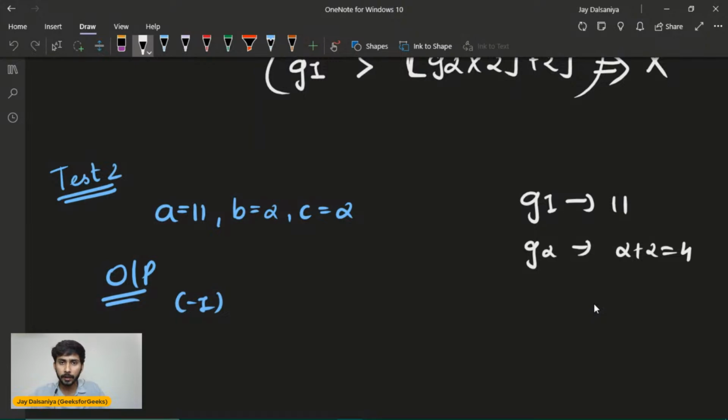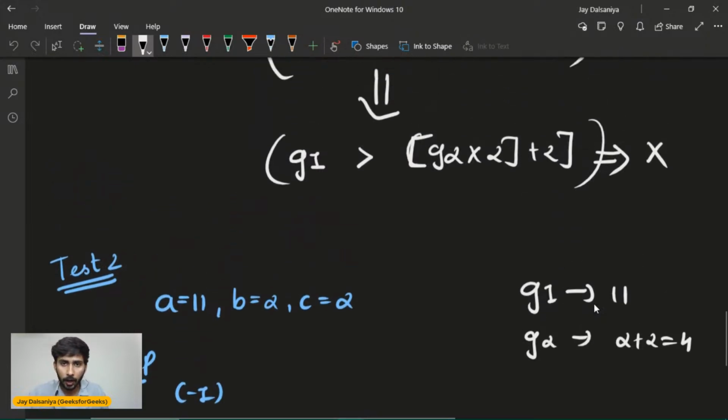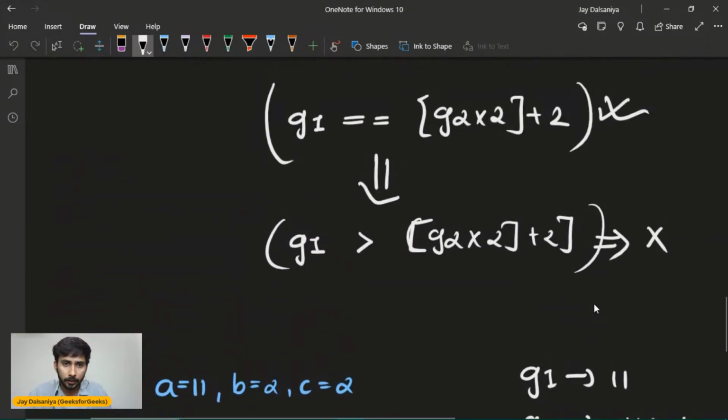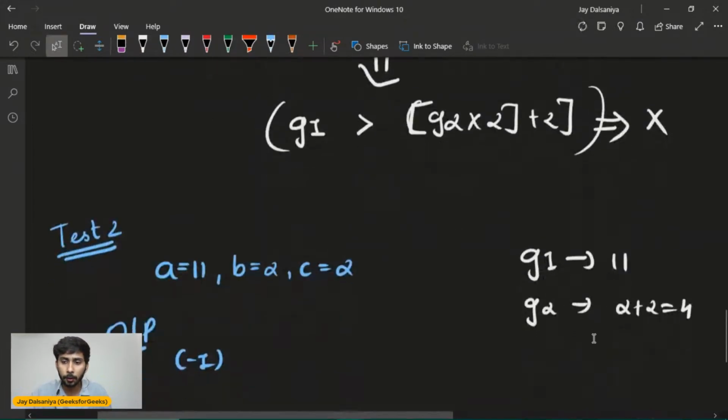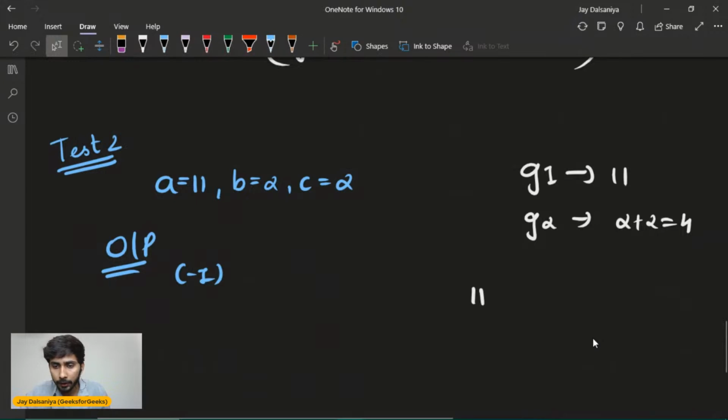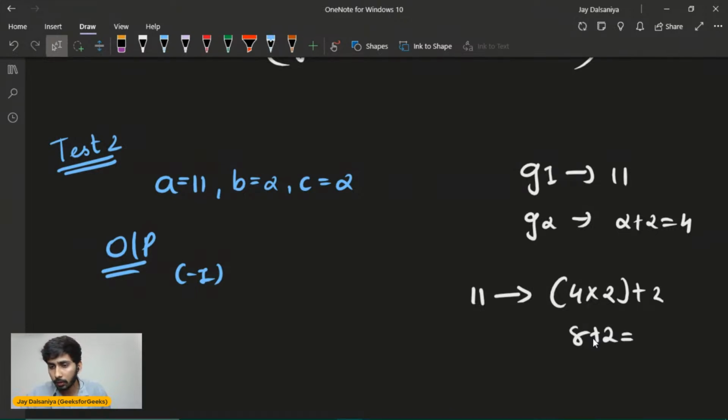So now what is the relation between G1 and G2? I need G1 to be equal to G2 into 2 plus 2. So let's check if this is true or not. That means 11 should be equal to 4 into 2, that is G2 into 2 plus 2. 4 into 2 is 8, 8 plus 2 is equal to 10. So 11 is obviously not equal to 10. So hence the output will be equal to minus 1.